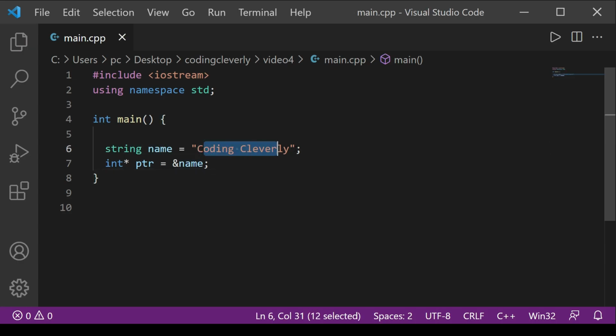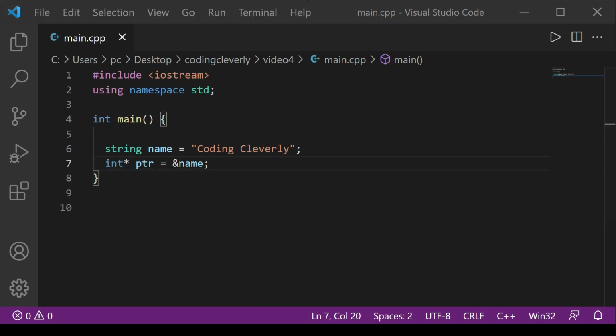We have this coding cleverly reserved inside the computer memory, and it has some kind of address which we could use to locate it. So we use that address-of operator to get the address of this name variable inside the computer memory, and we stored it into this variable called ptr. And this is basically the asterisk operator, and this is referred to as pointer to int of ptr. So that's what it's referred to.